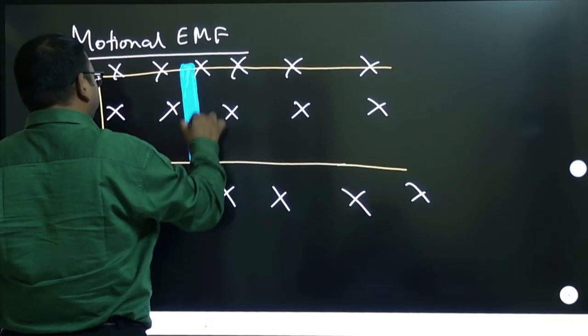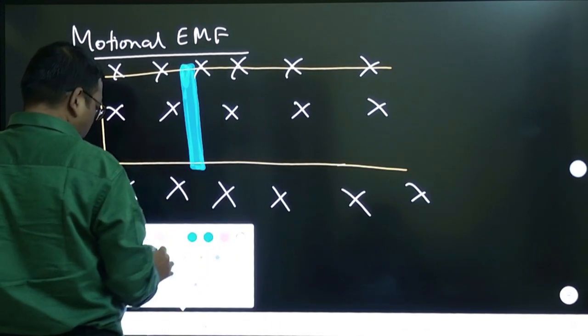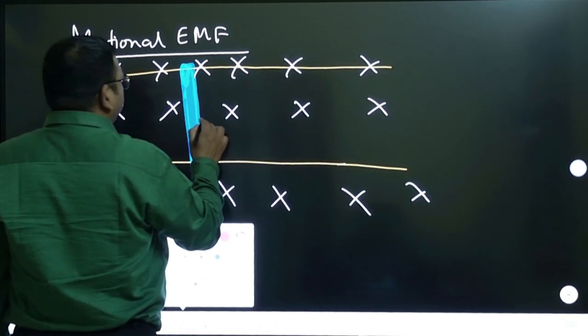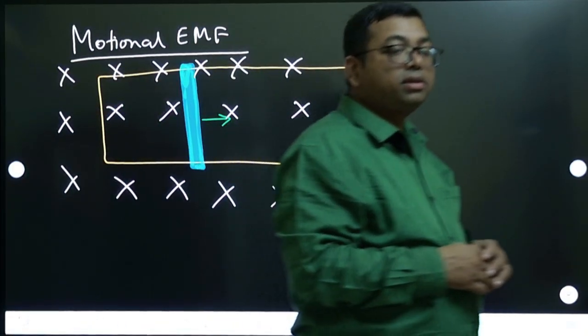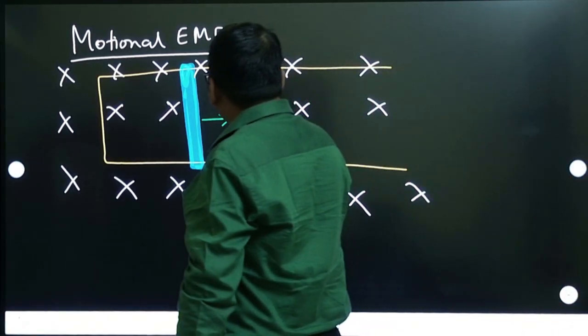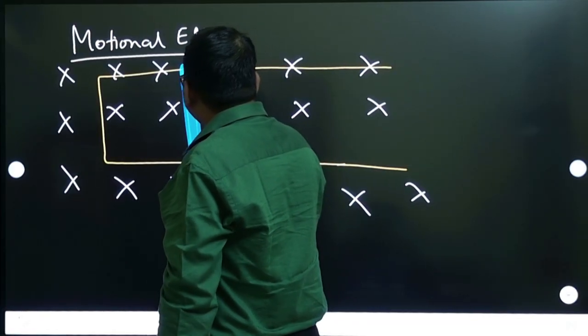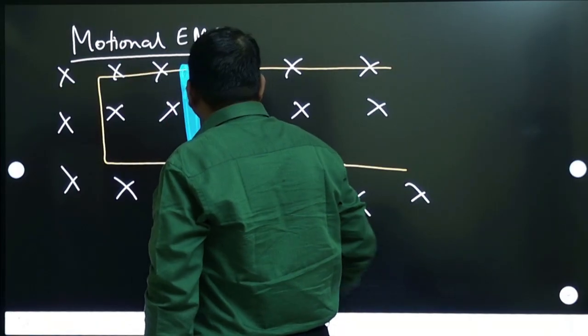This conductor you are sliding or moving over this. You are trying to move this conductor in this magnetic field which is perpendicular, and the velocity v is perpendicular to the length. This L is the length.